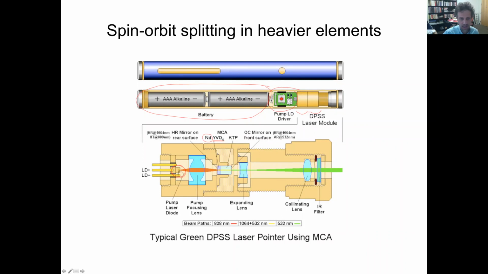And that radiation then goes into a second crystal, which is a potassium titanyl phosphate crystal. And that crystal is doing what is called doubling the frequency of the radiation. And that means effectively that you halve the wavelength. So you go from 1064 to 532, and the 532 is the green light that comes out, okay? The green light that comes out is 532.